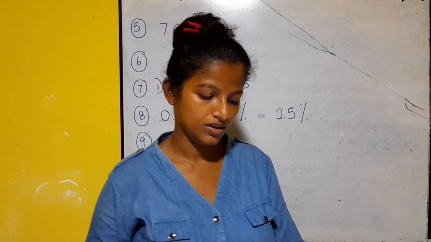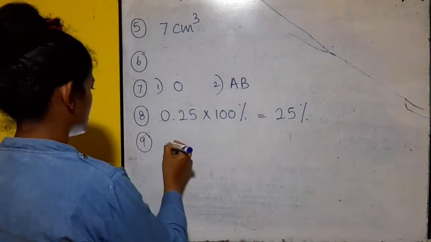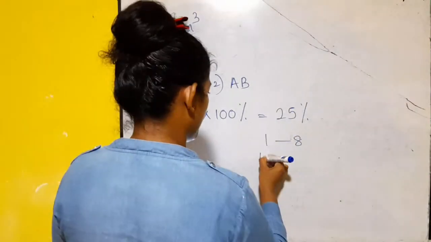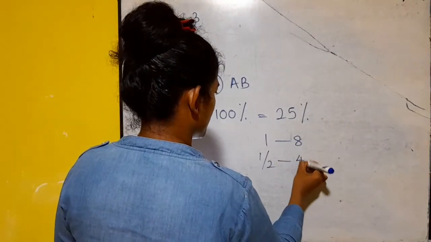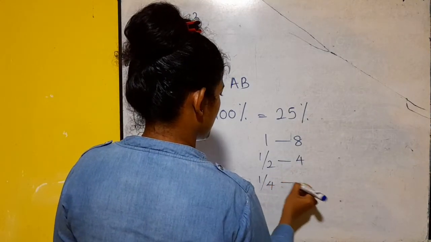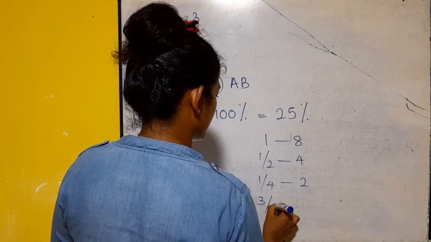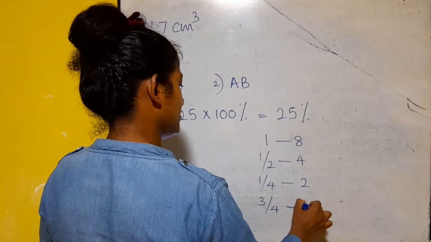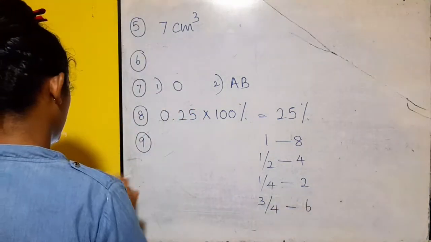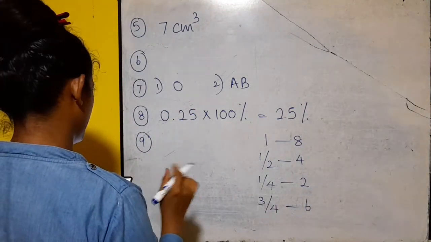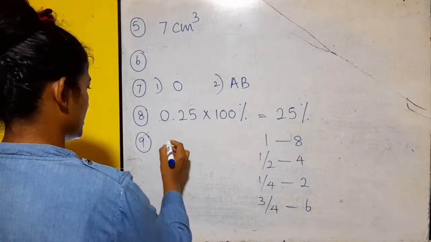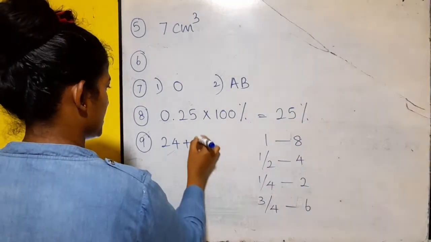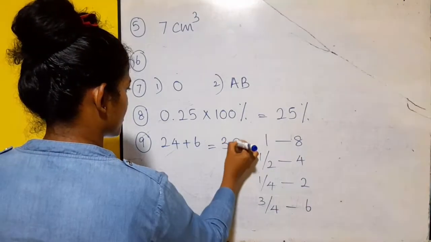So if one symbol represents 8 books, then half of it represents 4 books. Then quarter of it 2 books. Then 3/4 represents 3 times this, so 6. So what is the value represented by 3 and 3/4 symbols? 3 into 8, 24 plus 6, that is 30.